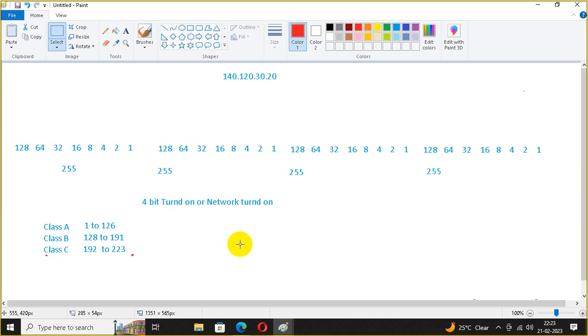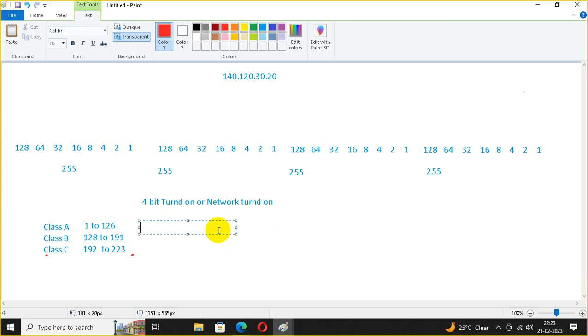Now let's see the structure. According to the range, I now also define the structure of class A, class B and class C. What is the structure? Class A will be one network and 3 host, right?